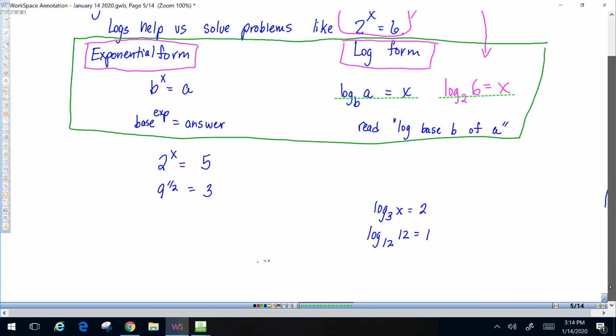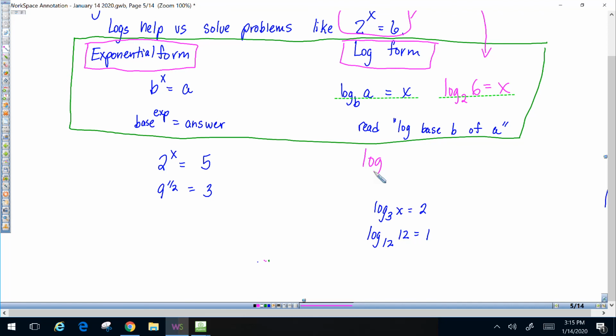So that's what I have at the bottom of the page. The first one is 2 to the x equals 5. This is another one we don't know. We don't know what power to raise 2 to get 5. So we have to use logs. So in log form, this would be log.